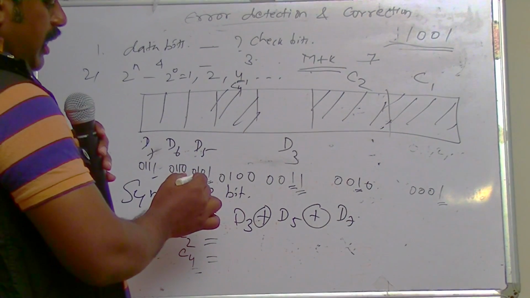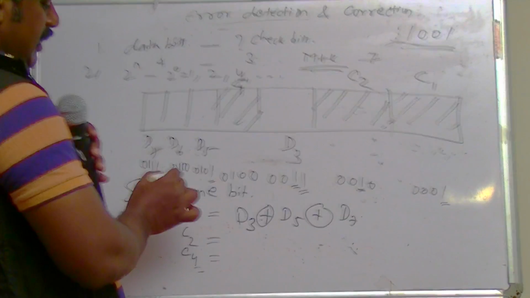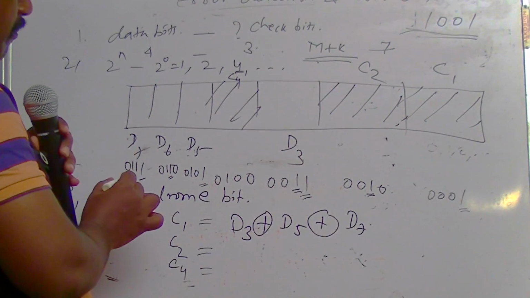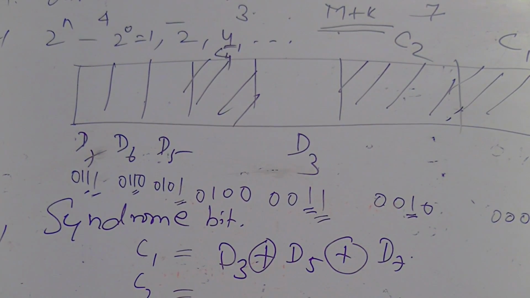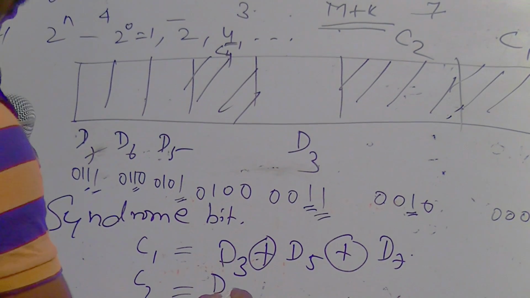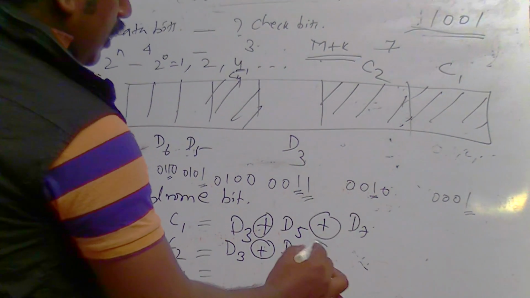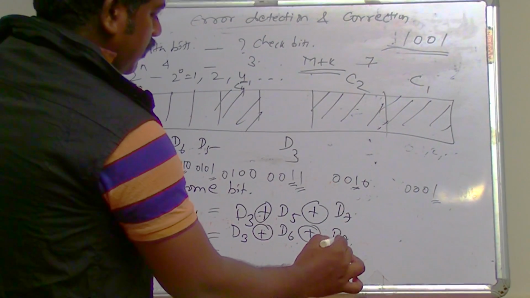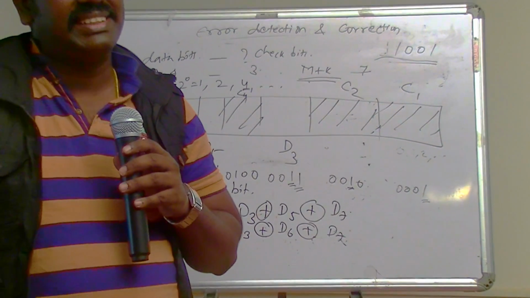In D5 it is 0, so we leave it. In D6 the second least bit is 1, and in D7 again it is 1. So the formula is D3 exclusive OR D6 exclusive OR D7. This is how we find C2.